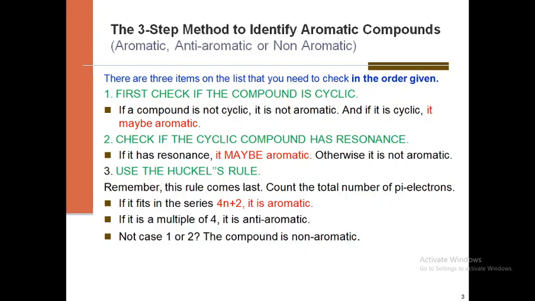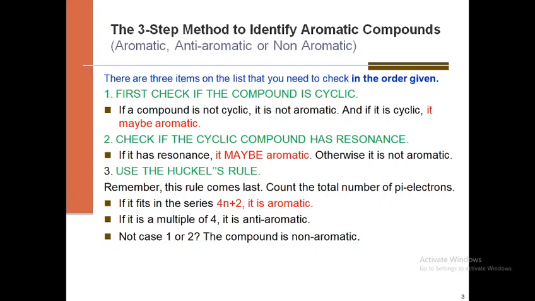Now come to the third point, that is the Huckel rule. We all know that all aromatic compounds must follow the 4n plus 2 rule. But what about anti-aromatic and non-aromatic? In the checklist, this rule comes last. Count the total number of pi electrons. If the number of pi electrons is equal to 4n plus 2, then the compound is called aromatic.